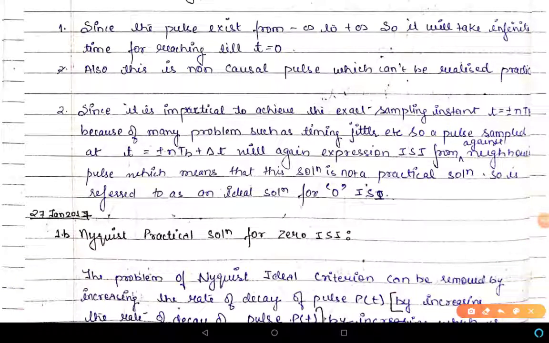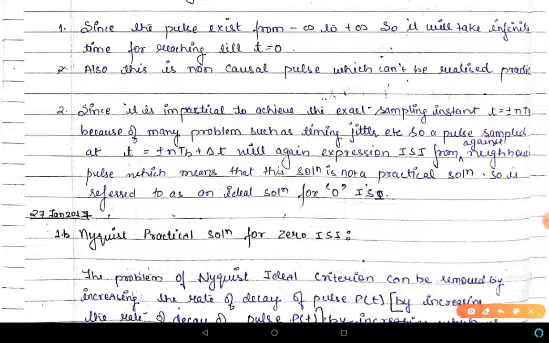So in this lecture we will continue our previous topic, that is intersymbol interference. In the last lecture we had seen what ISI is and the reason for its occurrence. ISI occurs because a band unlimited signal is passed through a band limited channel.